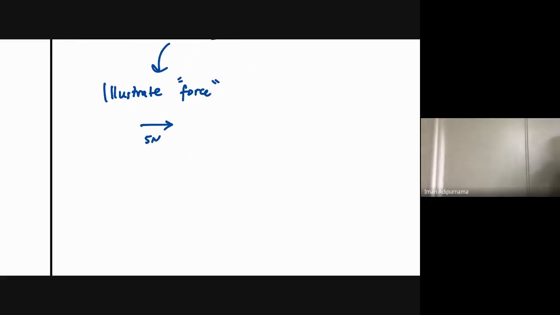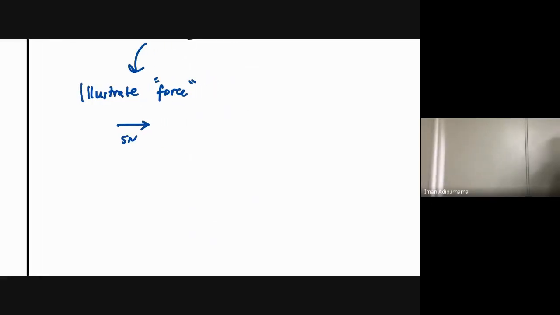Usually if you want to illustrate maybe force in physics, you have directions and you have a value, maybe 5 Newton. And you can also have the force with different directions.